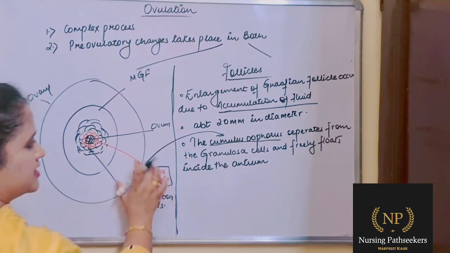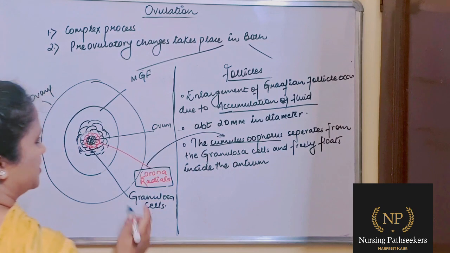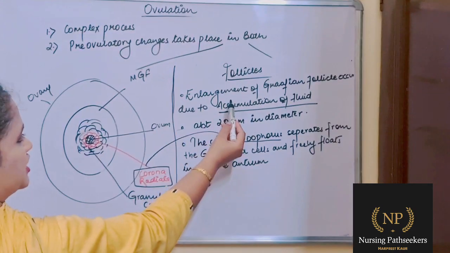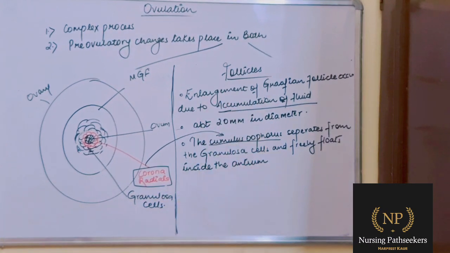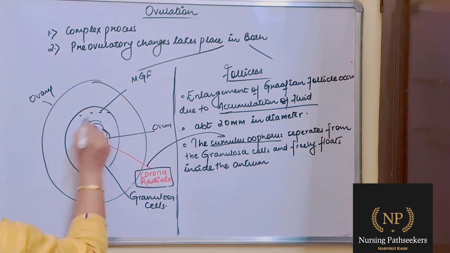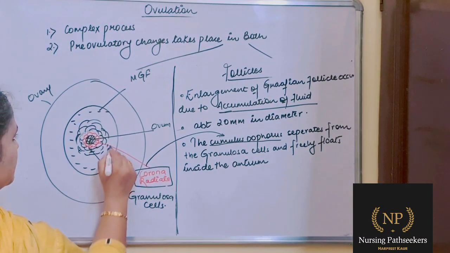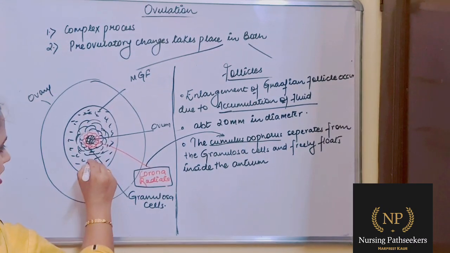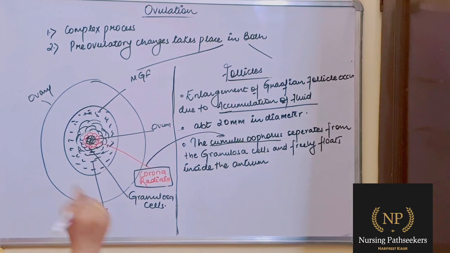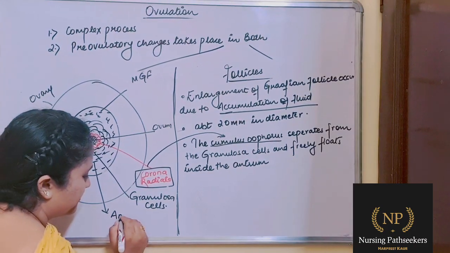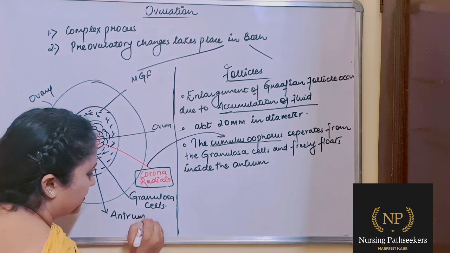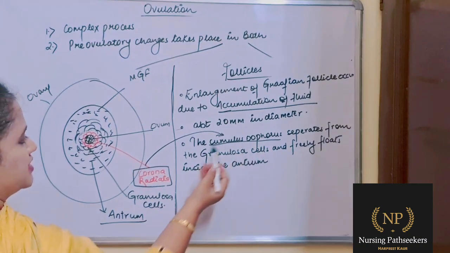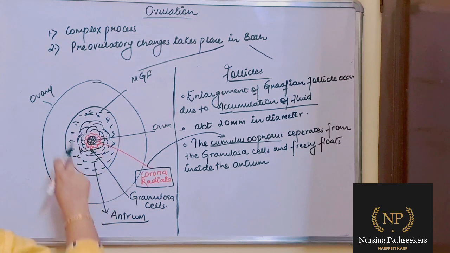So, the enlargement of Graafian follicle occurs due to accumulation of fluid. When this follicular space is filled with fluid, it is named as antrum. Now what happens is the cumulus oophorus separates from granulosa cells.